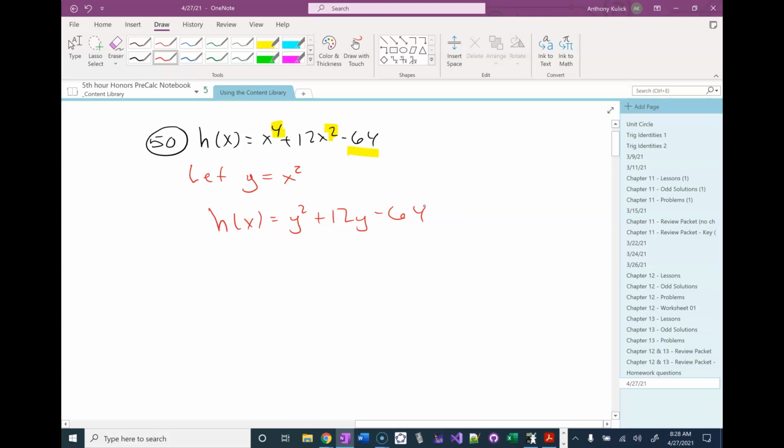And I noticed then that I could solve this quadratic either by factoring or the quadratic formula. This one factors, right? 2 things that multiply to give me negative 64, and add to give me 12 would be positive 16 and negative 4. So that's what I would do.